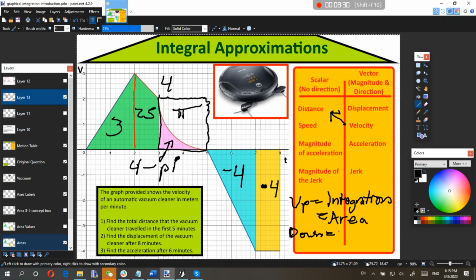Down is derivation, which is slope. Okay, so I'm going up from velocity to distance, so this means I'm looking at areas. If I'm looking for the total distance traveled, then any negative areas will need to become positive. Anytime you go diagonally, you'll need to take an absolute value. If you go straight up, so that means your directions matter, and then we need to keep our signs.